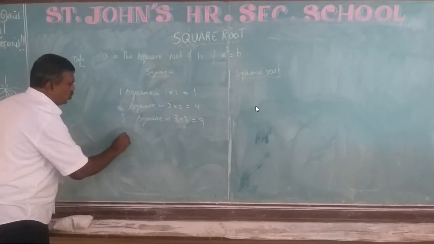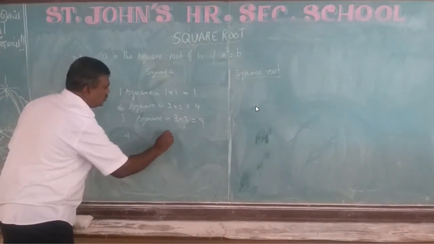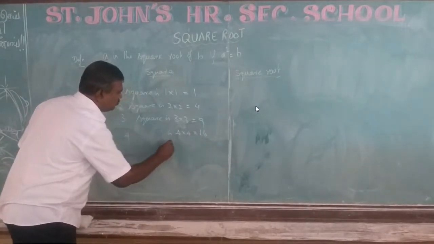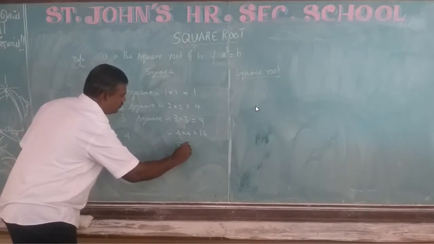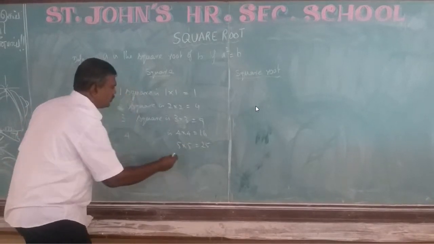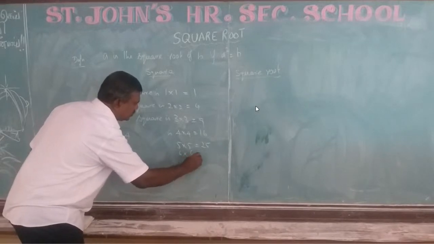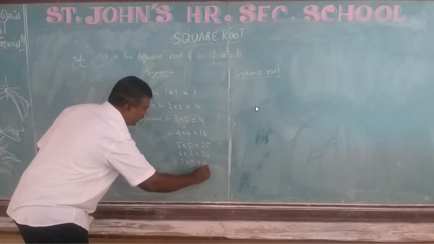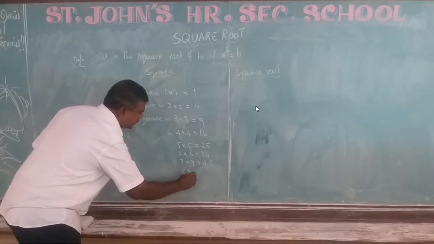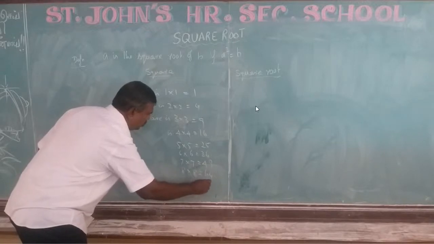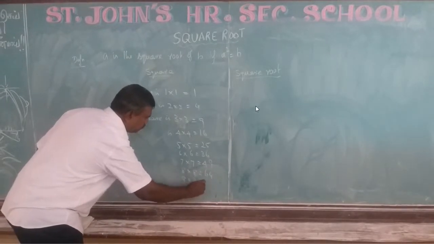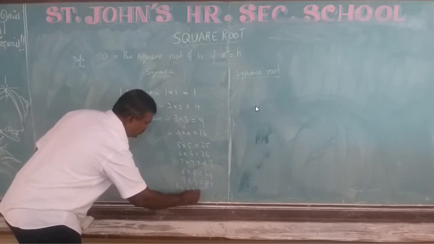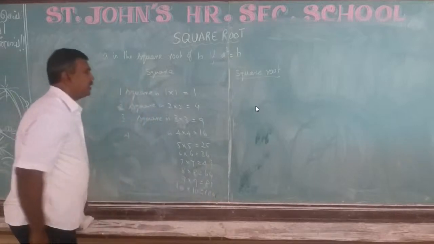Similarly, 4 square is 4 into 4, 16, 5 into 5, 25, 6 into 6, 36, 7 into 7, 49, 8 into 8, 64, 9 into 9, 81, and 10 into 10 is equal to 100.